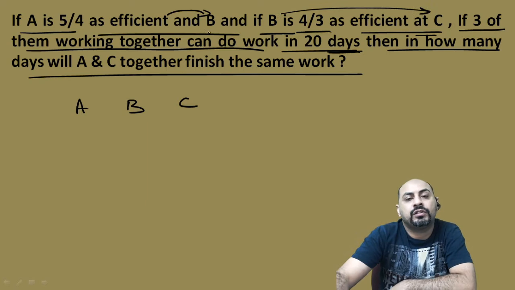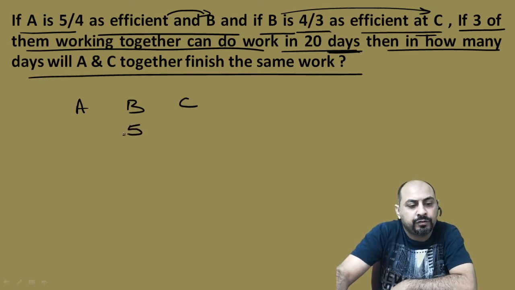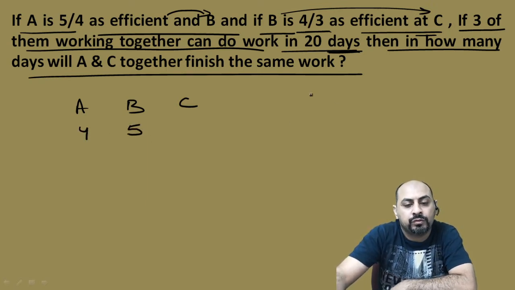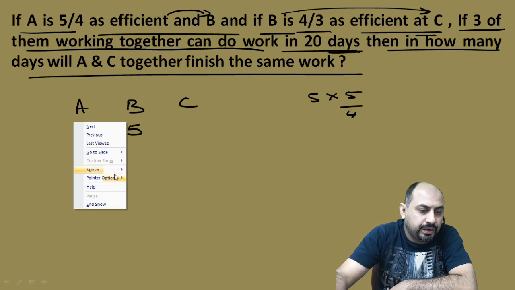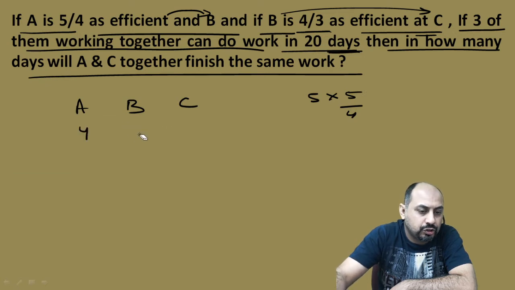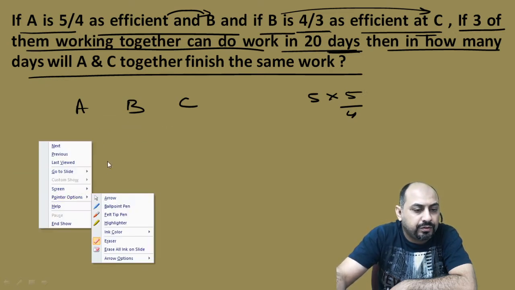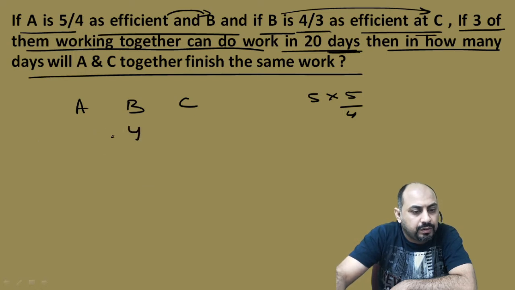A is 5/4 as efficient as B. Sorry, if B is 4 units, A would become 5 units. My mistake. A is 5/4 as efficient as B, so B has to be 4 units, right?